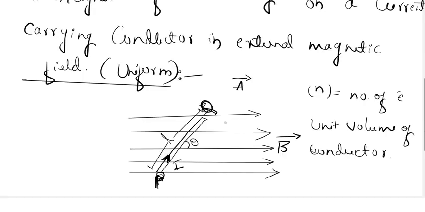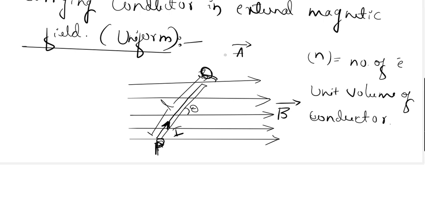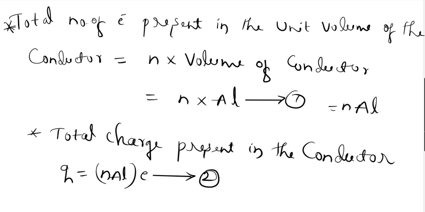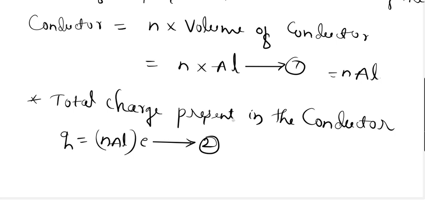Consider the direction of the magnetic field and the direction of the current, with theta the angle between them, and a wire of length L having area A. The number of electrons present in the conductor is the number of electrons per unit volume times the volume of the conductor, that is n into A L. This is equation number 1. The total charge present in the conductor, denoted by Q, becomes nALe. This is equation number 2.